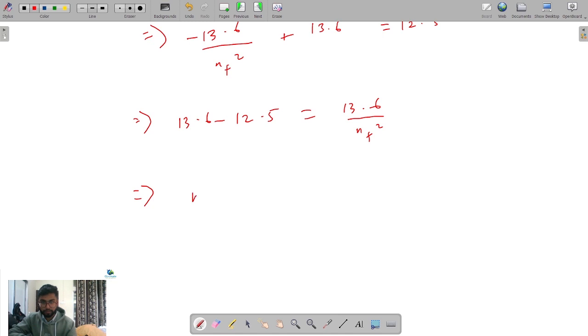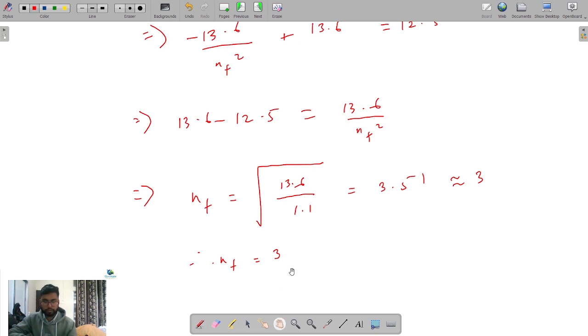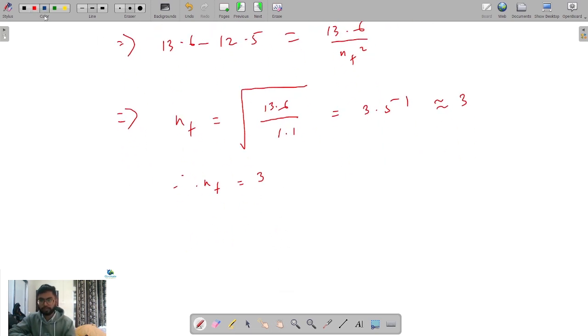And solving this will give us nf is equal to root over of 13.6 by 1.1, which is equal to 3.51, which is approximately 3. Therefore nf is equal to 3, and the hydrogen atom will be excited up to the third excited state.